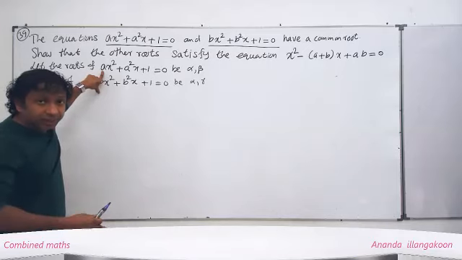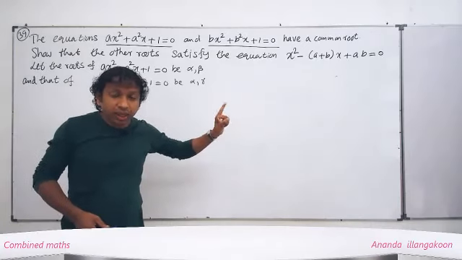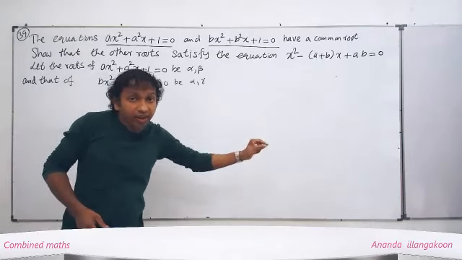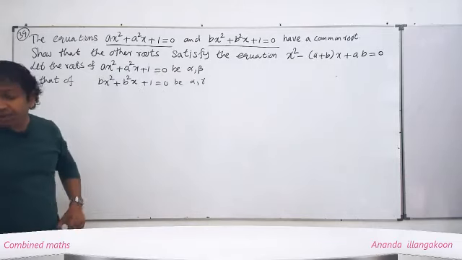We can write in a particular manner. How to write? Sum of the roots is minus b divided by a. What is b? B is the x coefficient. What is a? X squared coefficient. So then first we can write relations like that.